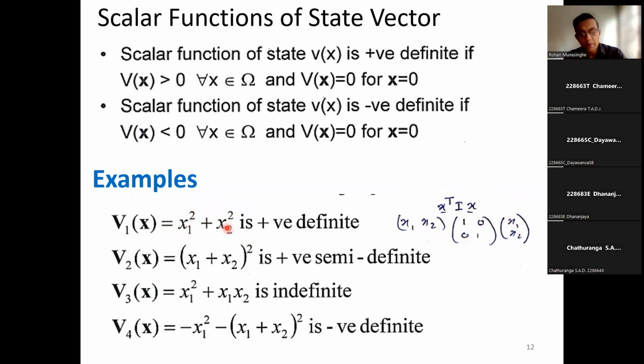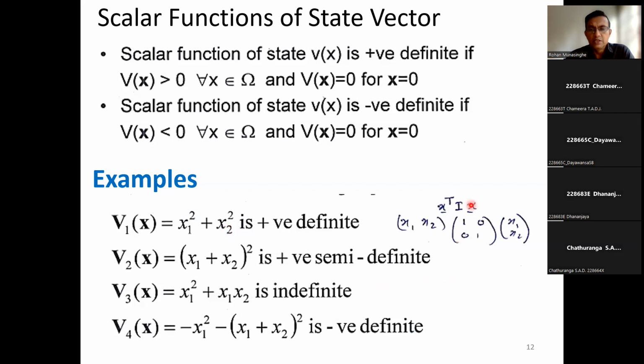This is a very common thing in controls, particularly in optimal controls, where you have to get the squares of the state variables and add them together, because the square of a state variable is called the energy of that state. If you have n number of states, you have to get all of the squares of the state variables to tell about the total energy of the plant.